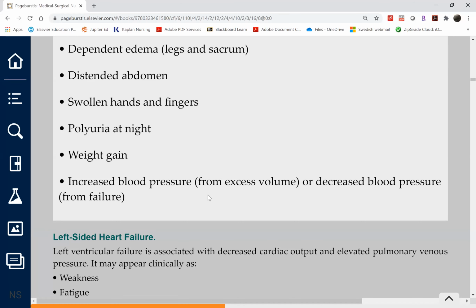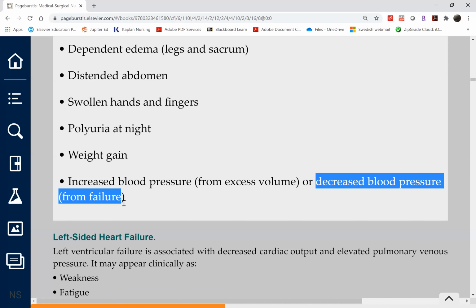However, on exacerbation days, when they're having an acute decompensation episode, when they're hospitalized, they do have decreased cardiac output or decreased blood pressure. Does that make sense? Meaning they'll have low cardiac output or low blood pressure when they are in acute failure.